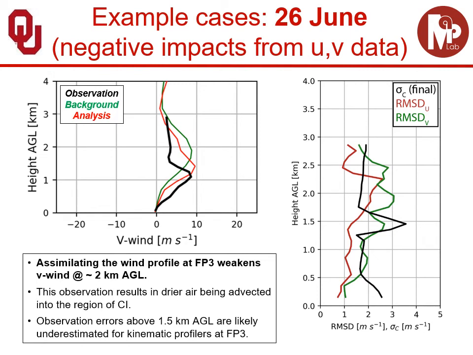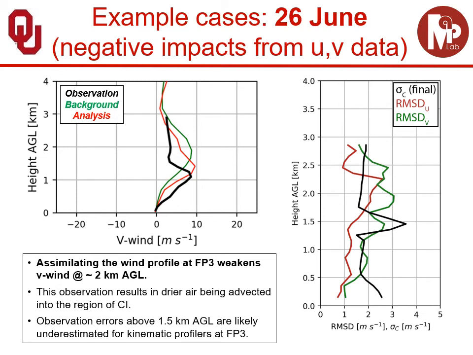Now, assuming the observation error for these data are correctly diagnosed, then we should still get useful information from the profile, meaning that if the error variances are correct, it shouldn't technically degrade our forecast. However, the right plot here shows the observation error assigned for these data in black, along with the root mean square deviation between observations and co-located radiosondes assimilated at that same site.